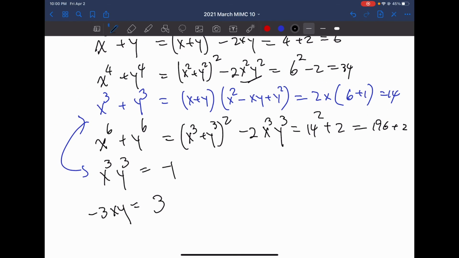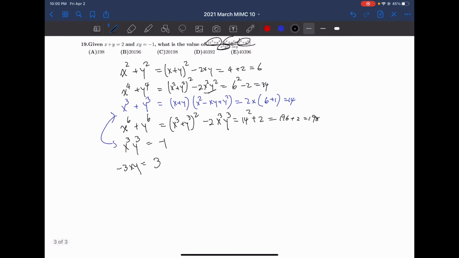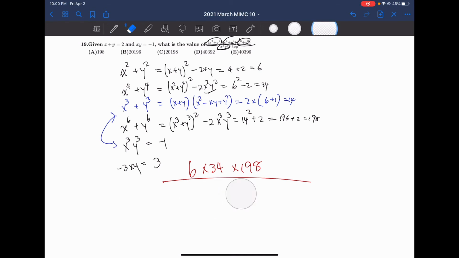And that is all we want before we calculate the final expression. The final expression would be 6 times 34 times 198 all over -1 plus 3. That would just be 2. So that can cancel out with each other and result in 3.